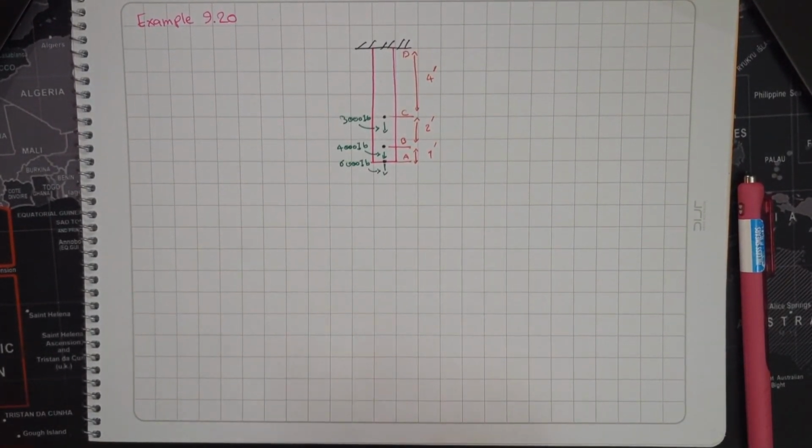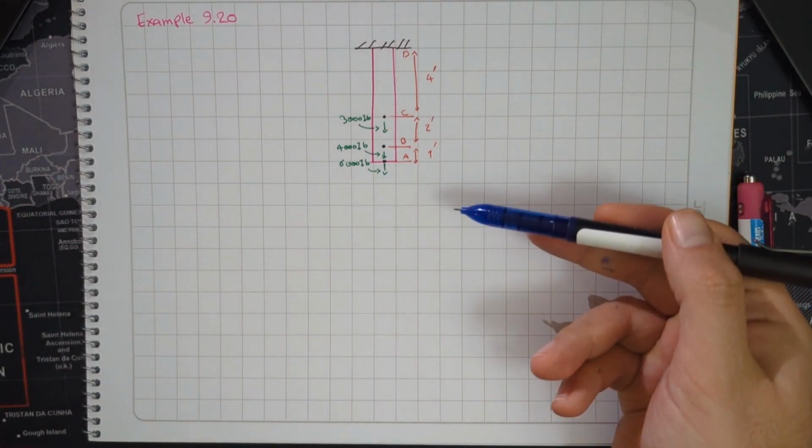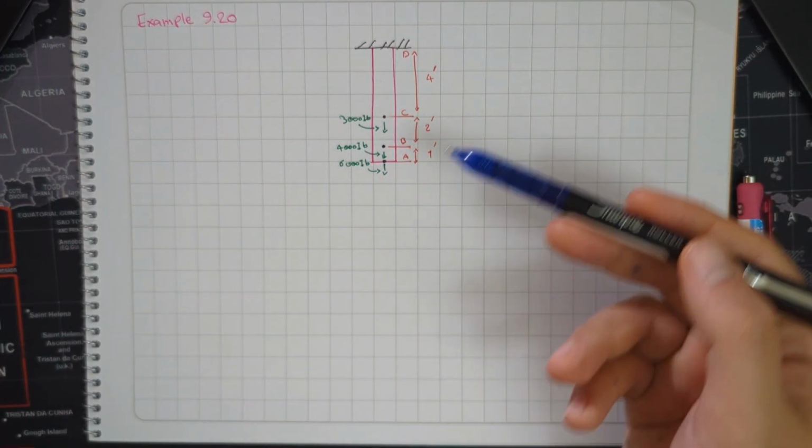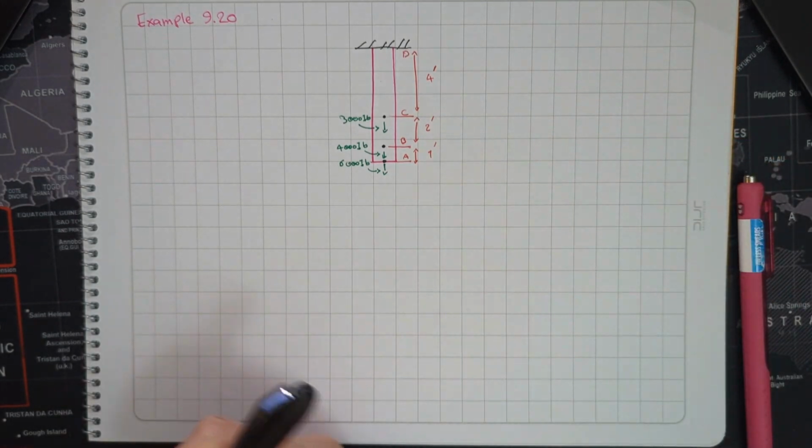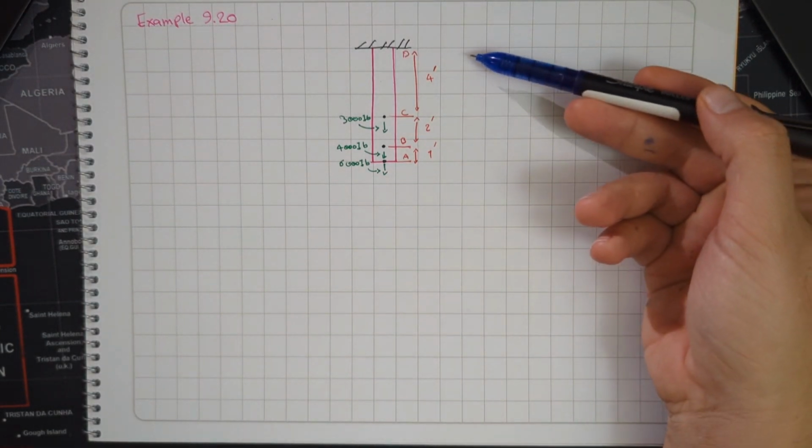Example 9.20. A steel bar having a cross-sectional area of 1.0 square inch is suspended vertically and subject to a load as shown in this figure. The total length of the bar is 7 feet.